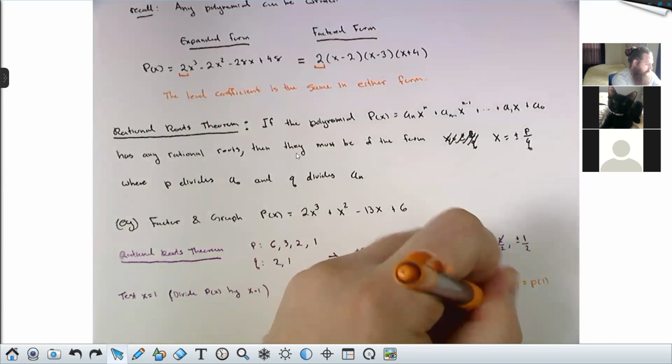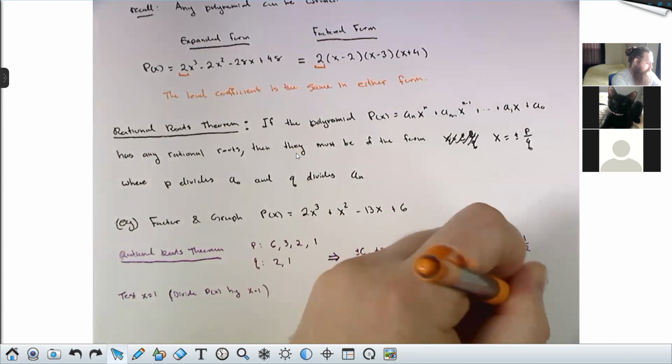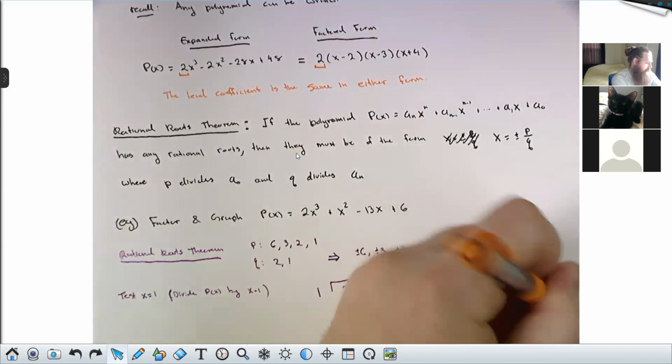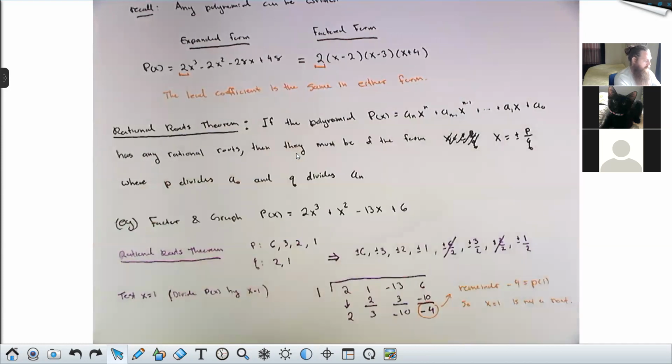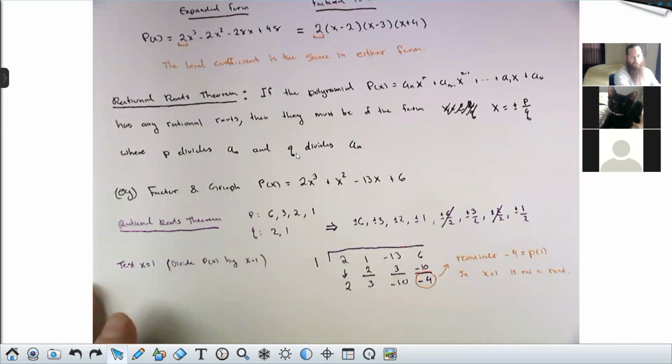So x equals 1 is not a root. So what we're looking for is the remainder to come out to 0, right? Because then p of that thing would be 0, which is what it means to be a root. So this guy didn't work. So we move on to the next thing. Next, I would just test 2.